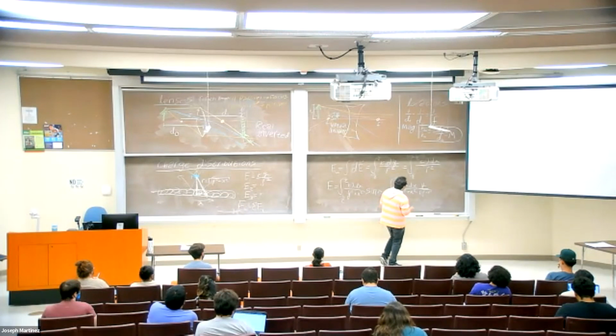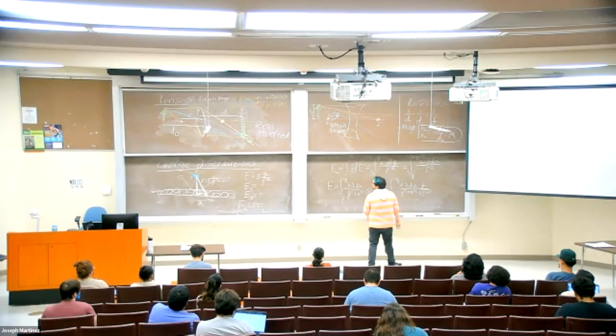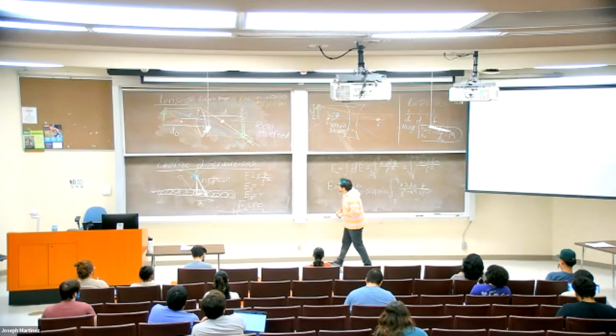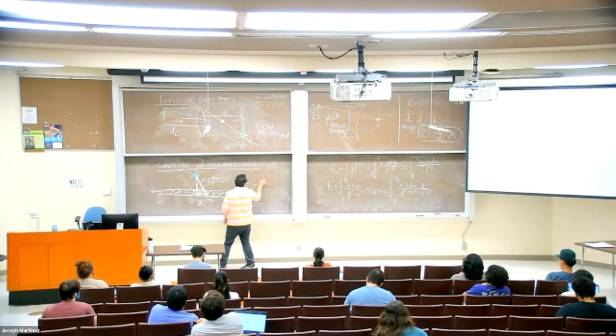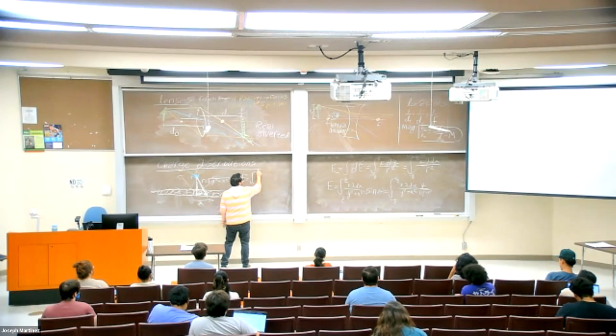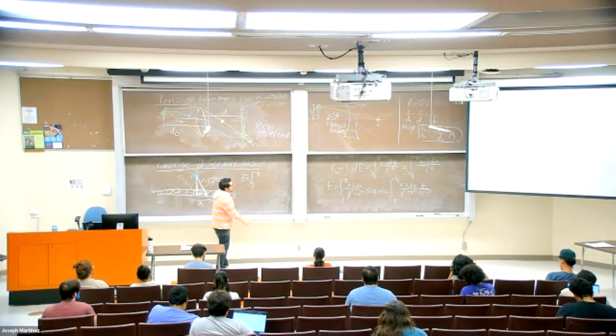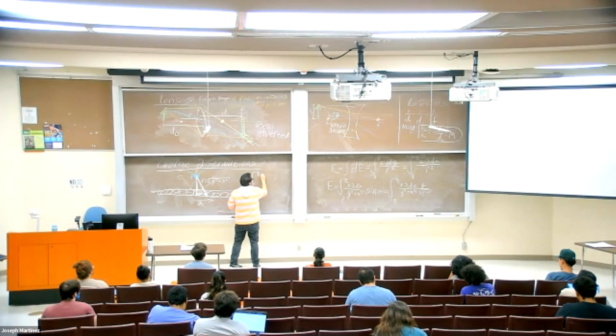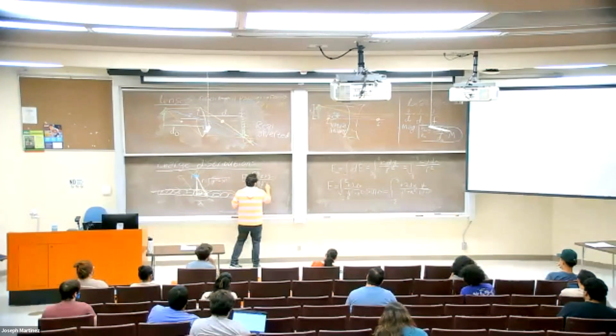I'm running out of board space. I shouldn't have written so big, probably. I'm going to erase it right here. Our electric field is going to be the integral from negative L over 2 to L over 2 of K lambda, and I'm going to move the y up here, over y squared plus x squared to the 3/2 times dx, right?